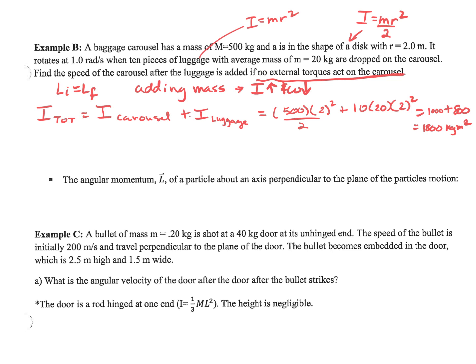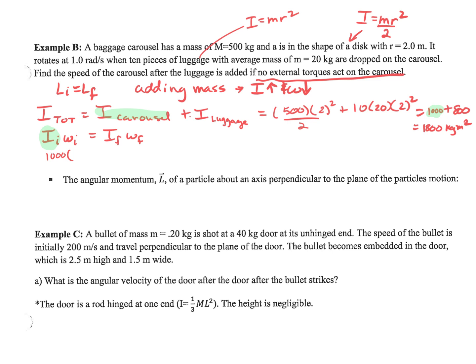So what we need to figure out is L initial is going to be I initial omega initial, and this is going to be I final omega final. Well, I initial is just going to be the carousel moving. So we've got 1,000 on the one side times omega initial.